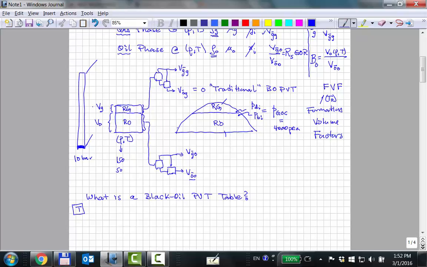In reality, it's got different amounts of benzene and propane and all these real components, so the surface oil being derived here, as you flash the oils at different pressures, is not a constant. Its density actually changes. But in the black oil PVT formulation, it's a constant.